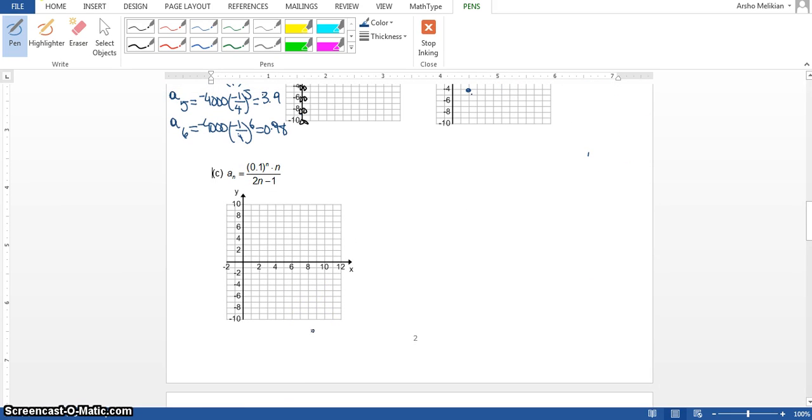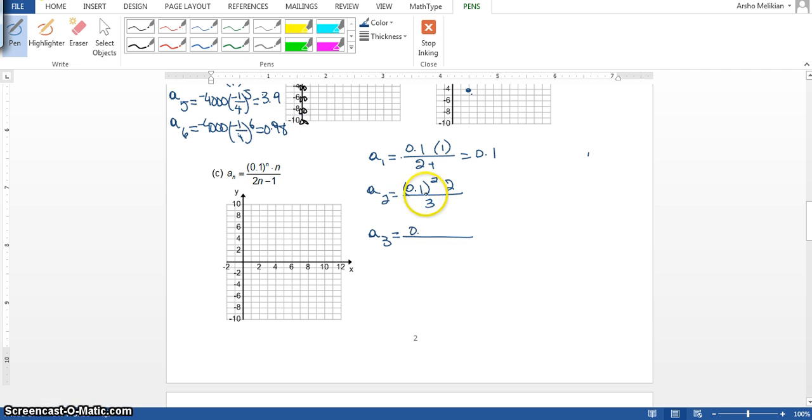All right, so let's take a look at this one. A1 is going to be 0.1 times 1 over 2 minus 1, so it's 0.1. A2 is 0.1 squared times 2 over 3.